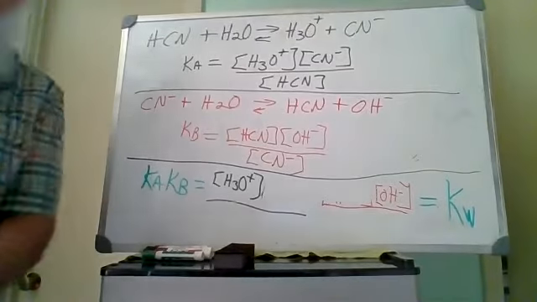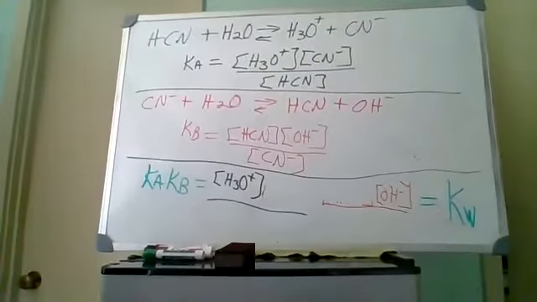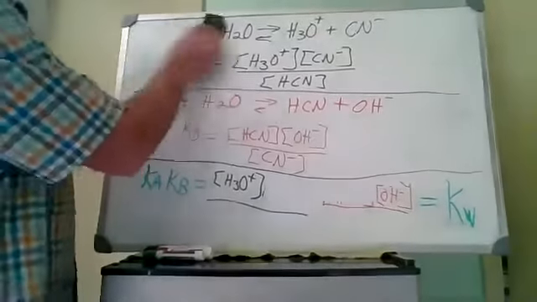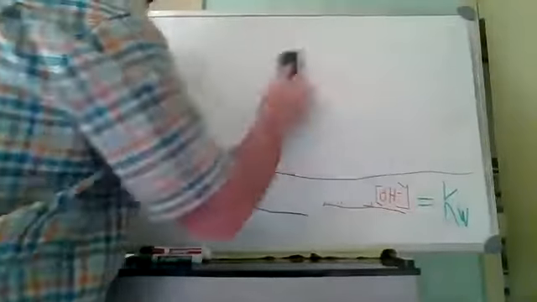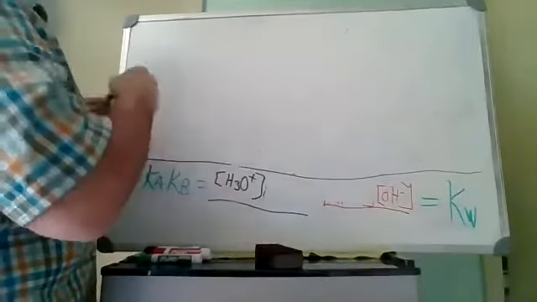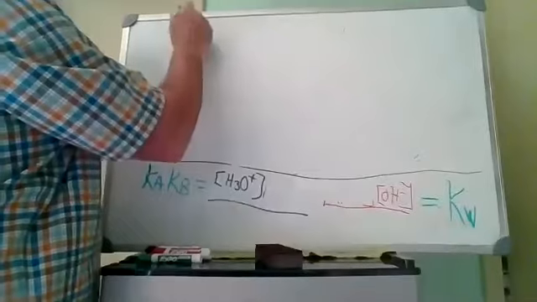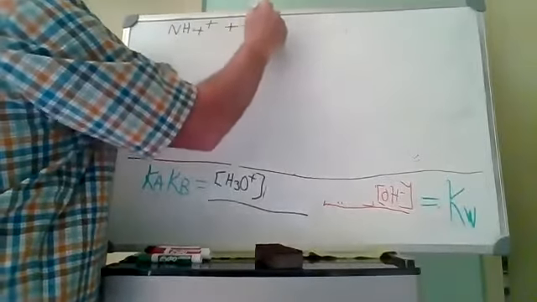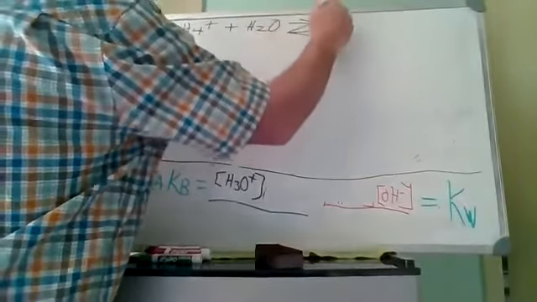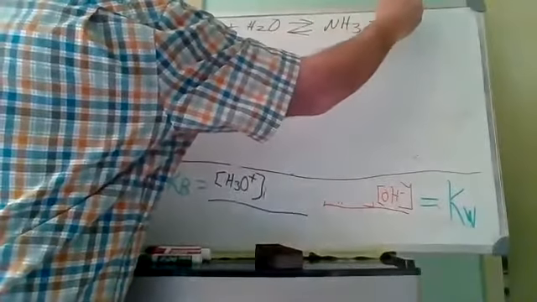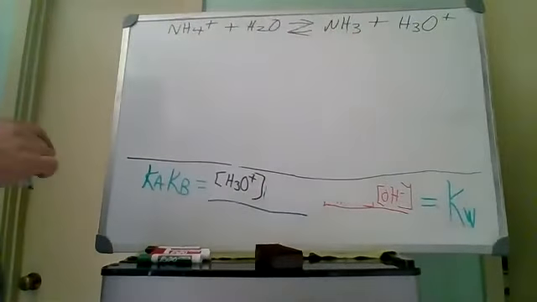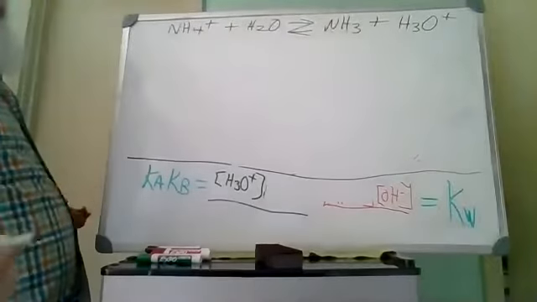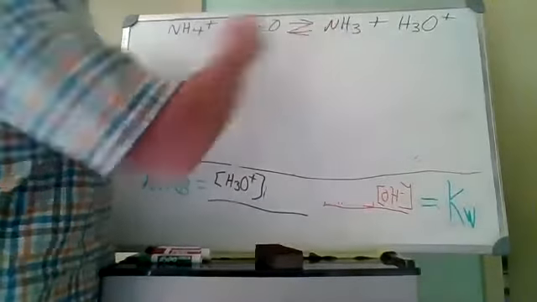So for here, let's look. Where did they get the Ka for NH4 plus? All right, so we wanted a Ka for this. Now again, you don't have it, but you know Kb for this.